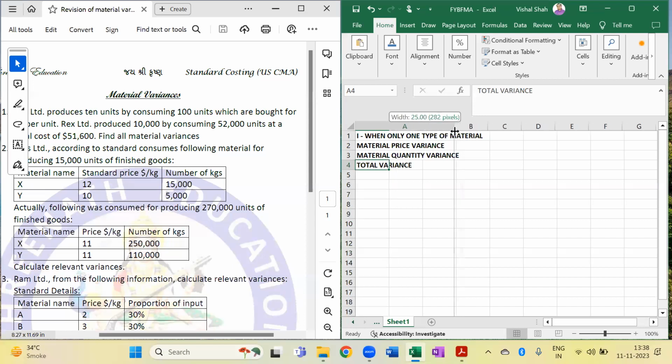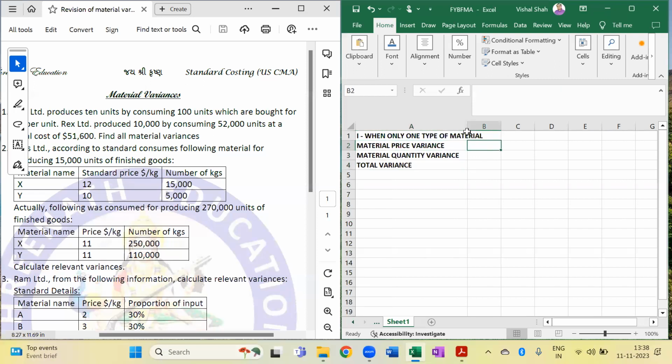Now, material price variance, the formula is (SP minus AP) into AQ. What is the formula for material quantity variance?